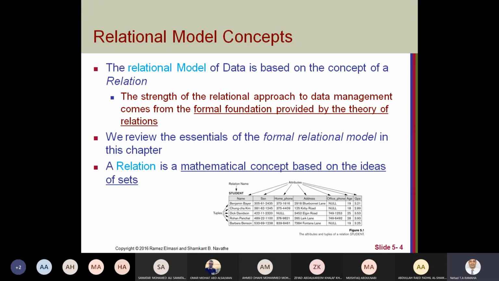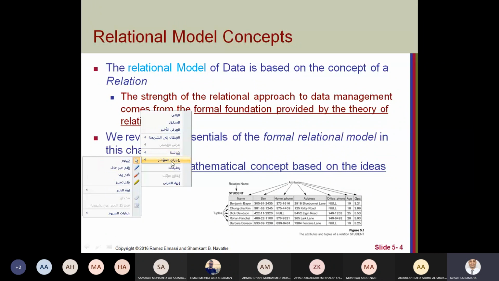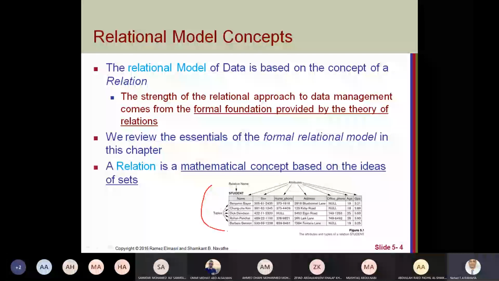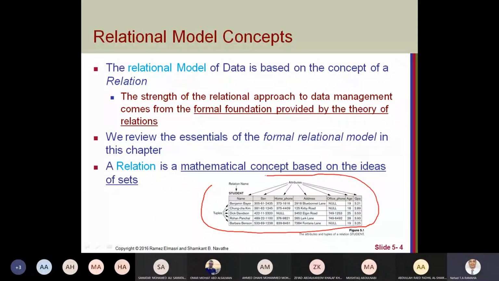Then the relation is actually the table in the database. You can informally consider it as a table inside the database. And this table has columns. The header of the column we name an attribute. And the rows, we name tuples.